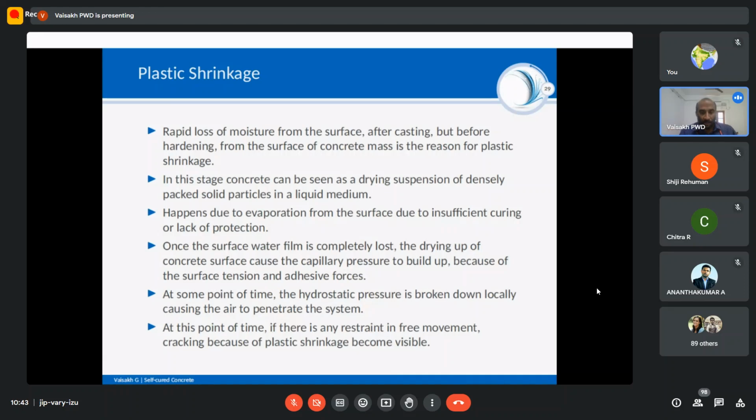Then these pores cause capillary rise of water from the inside, and it causes further loss of moisture. And if there is a restraint for movement, plastic shrinkage cracking becomes visible.